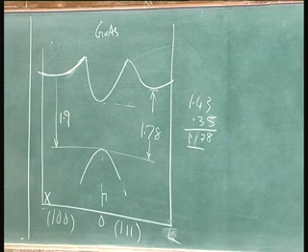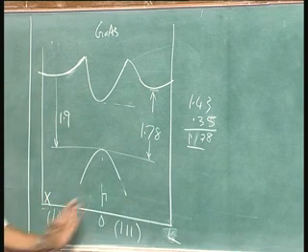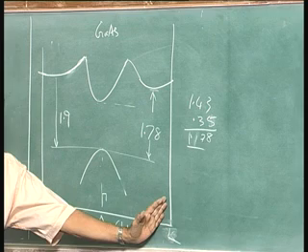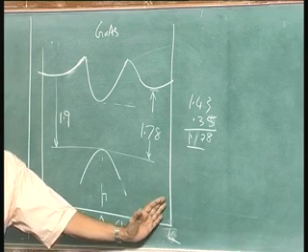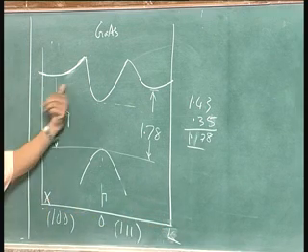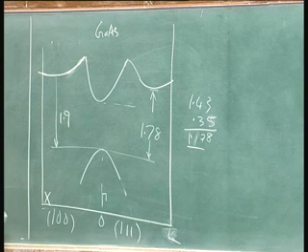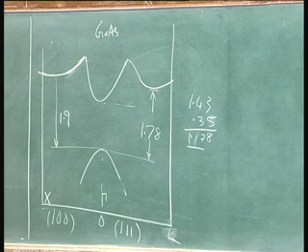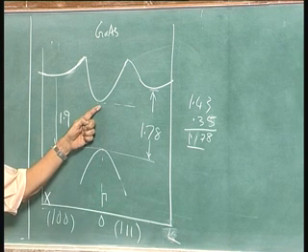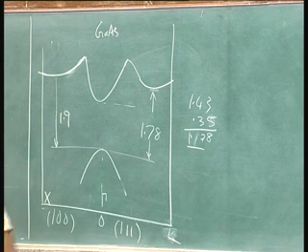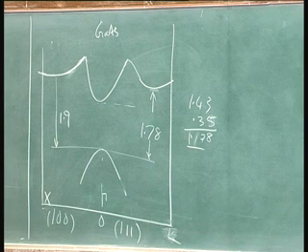If you take aluminum arsenide also, you have similar structures. In aluminum arsenide, corresponding to the center, that is an indirect band gap actually. Okay. So, you can see the tau, I will now come back to this. If you see here, this is the tau corresponding to the direct band gap, and there is a direct band gap corresponding to this level here, that one line going like that.